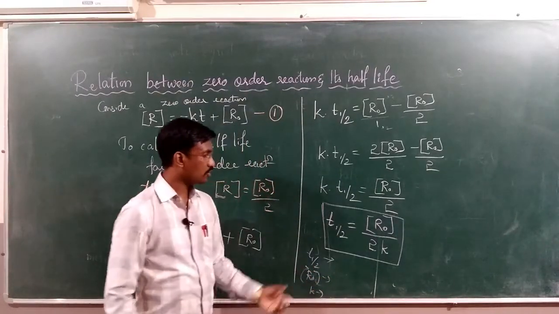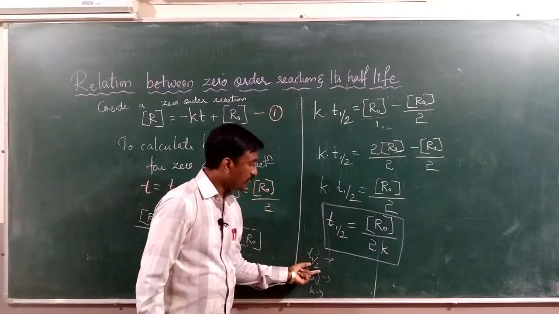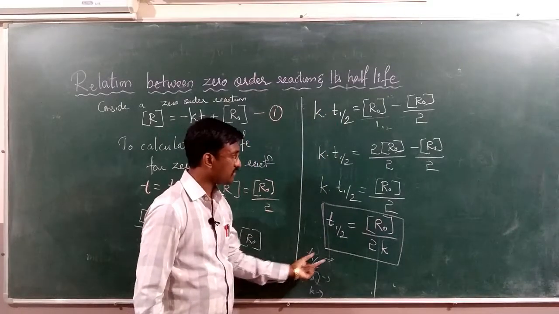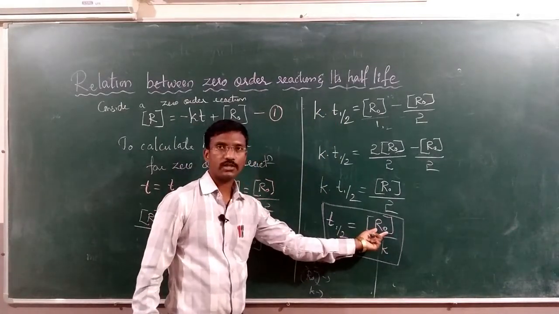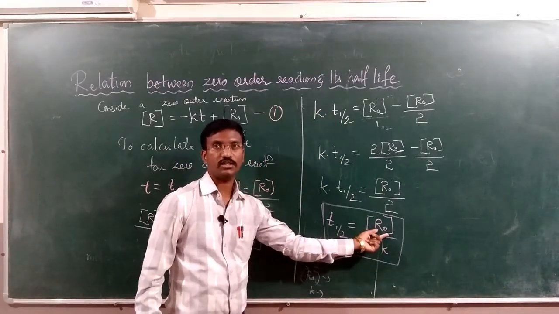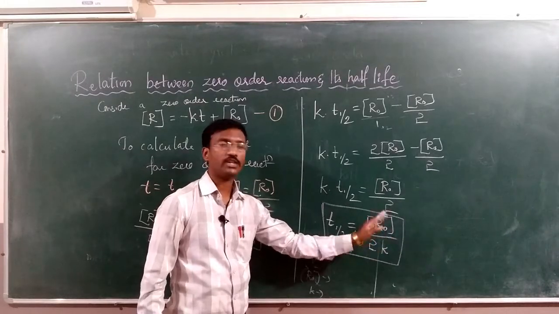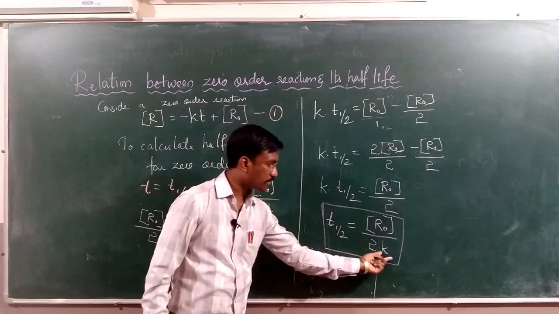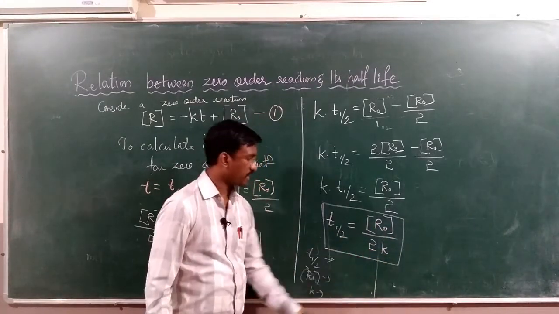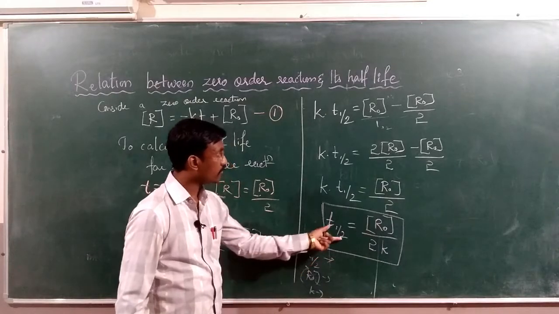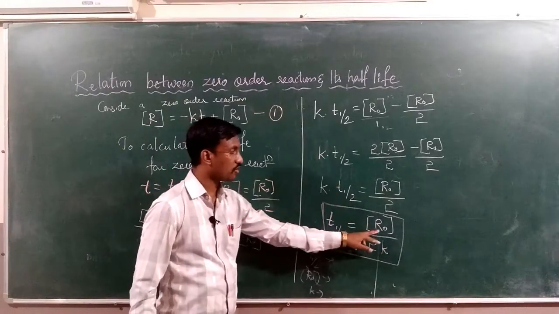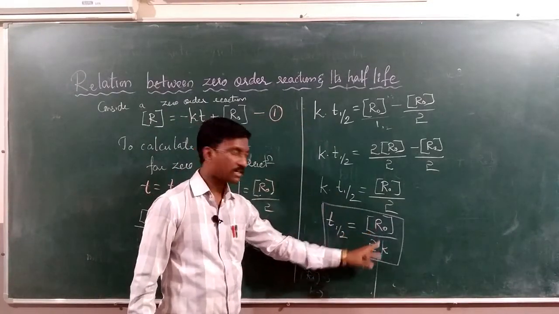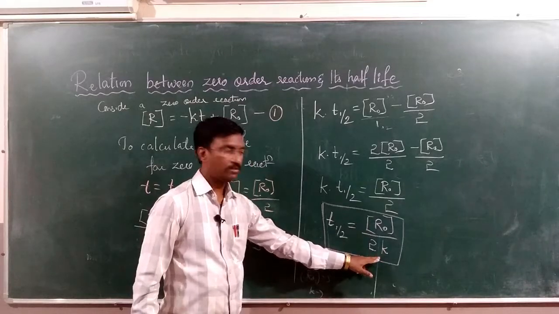And they may ask you: the half-life of the zero order reaction is directly proportional to the initial concentration and inversely proportional to the rate constant. Here, half-life of the zero order reaction depends on initial concentration of the reactant and rate constant.